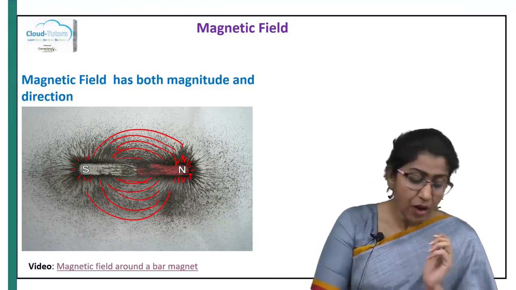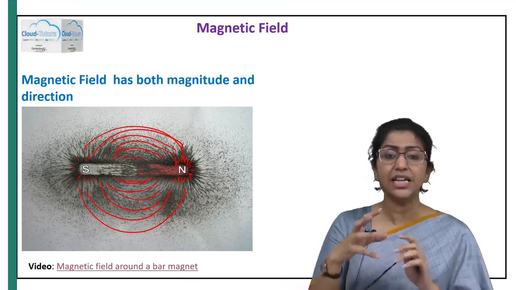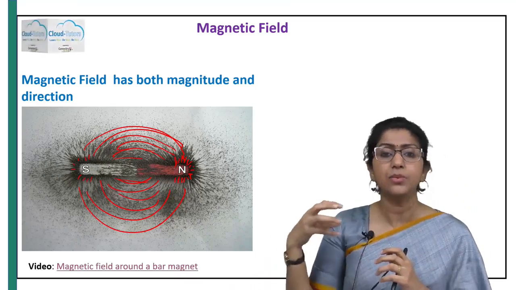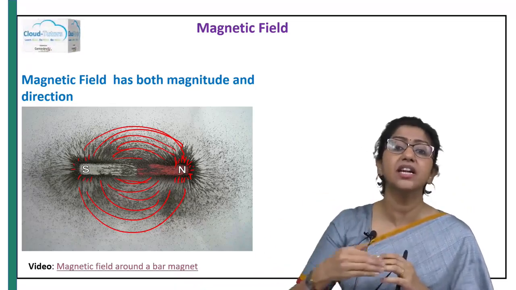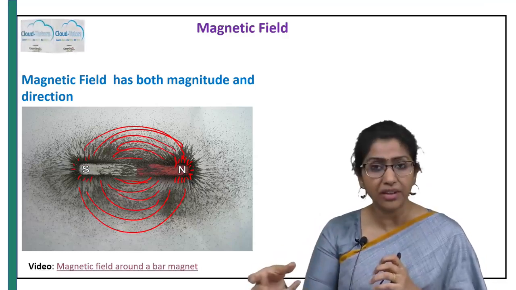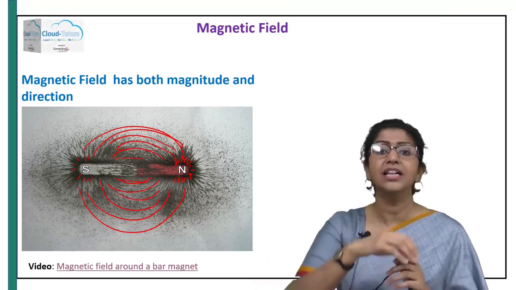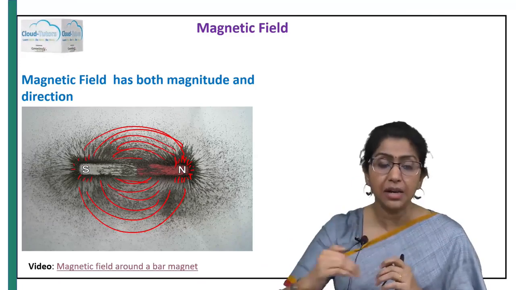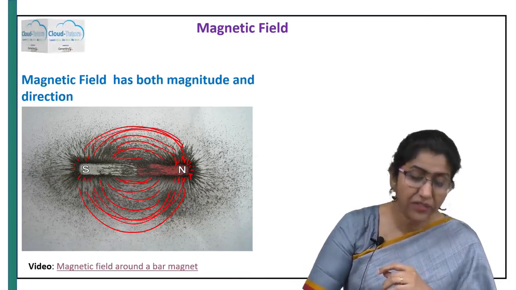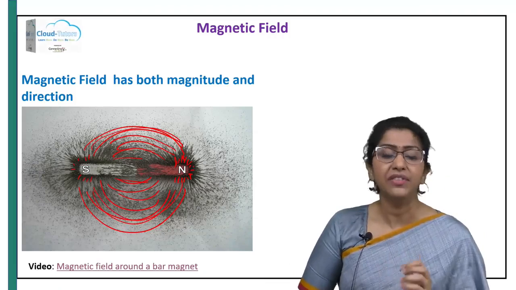Is this clear? Alright. Now, what do you see here? You saw in the video as well, when we sprinkled the iron filings, what happened? They arranged themselves in a certain pattern. They were not randomly sprinkled over the bar magnet, but they arranged themselves in a pattern where you can see there are lines going from north to south pole, and these lines are called magnetic field lines.